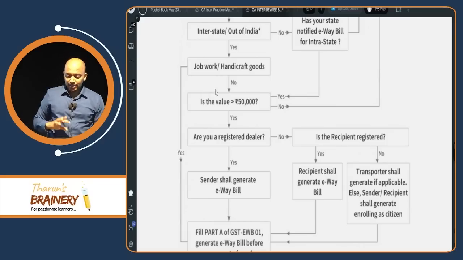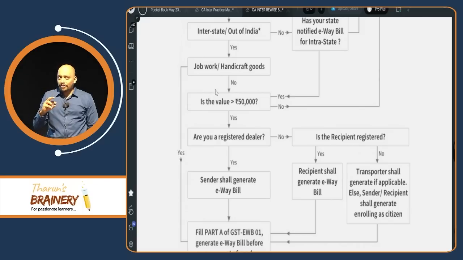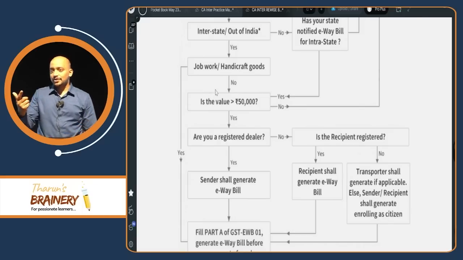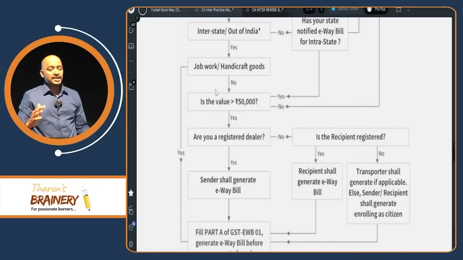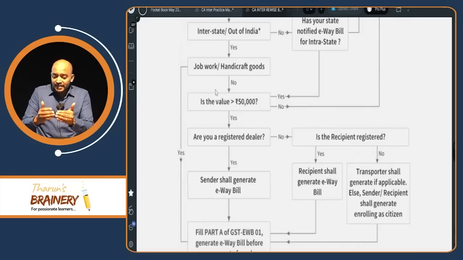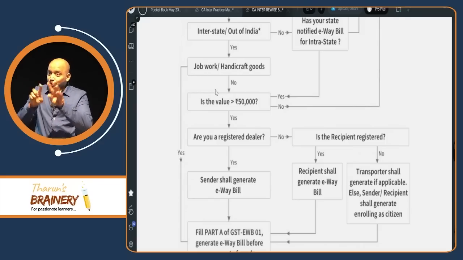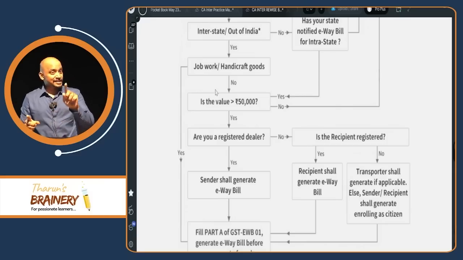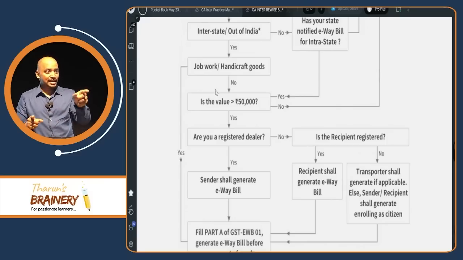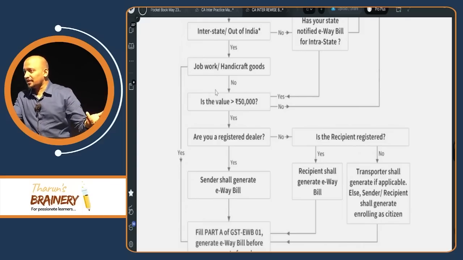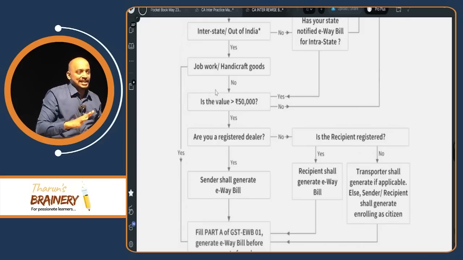Now you may get a doubt, sir, if the value of the invoice does not exceed 50,000, then e-way bill is not required, which means whenever the value of goods is more than 50,000, we will prepare two invoices. Invoice number 1 with 40,000, invoice number 2 with 30,000, so that each invoice does not exceed 50,000, so no need to generate e-way bill.